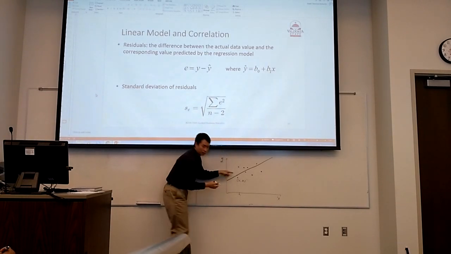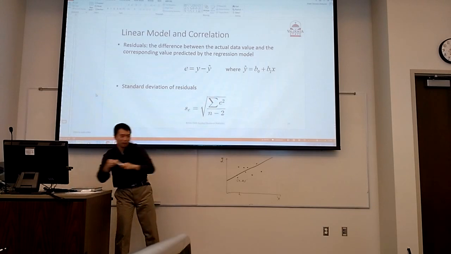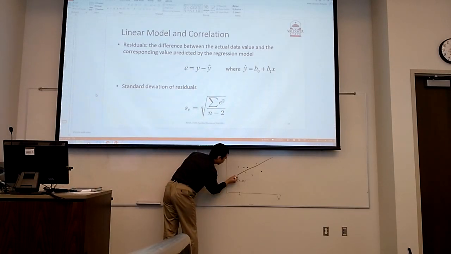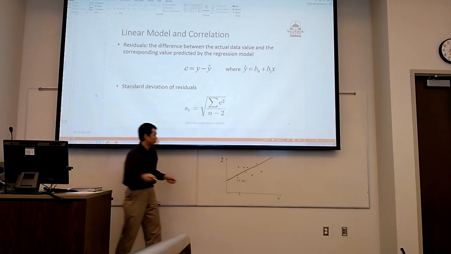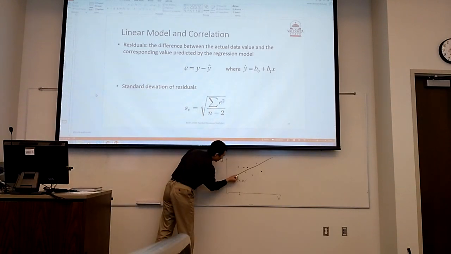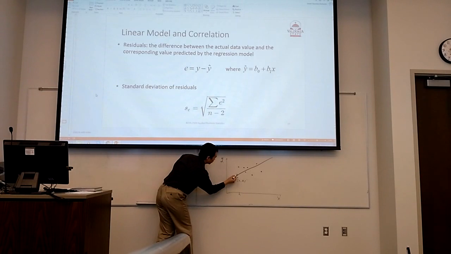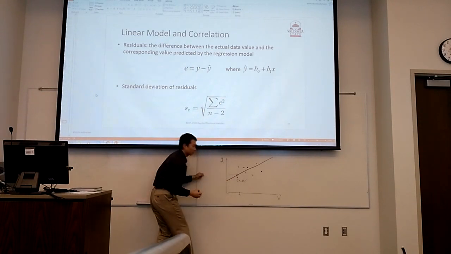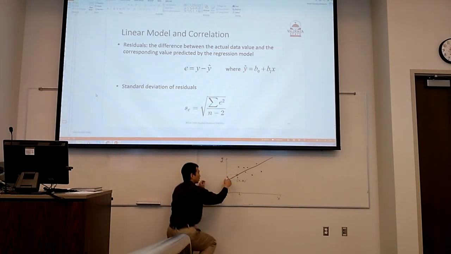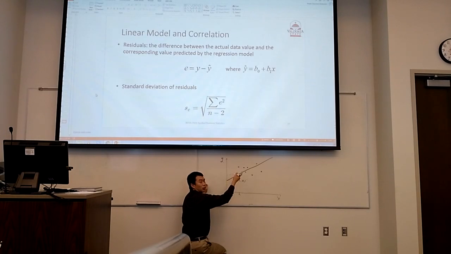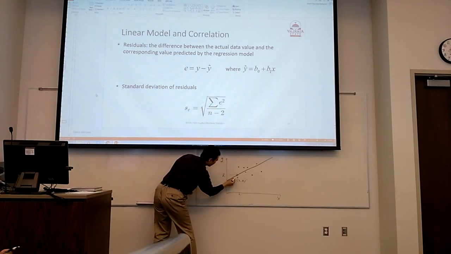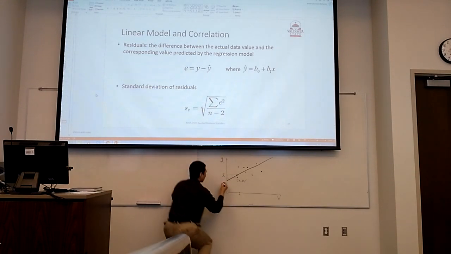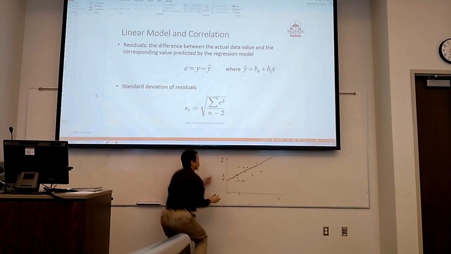So y is here. Let me use it. So this is our estimated value, right? Because it's from the regression model. This is y1 hat, and this is your real y1.